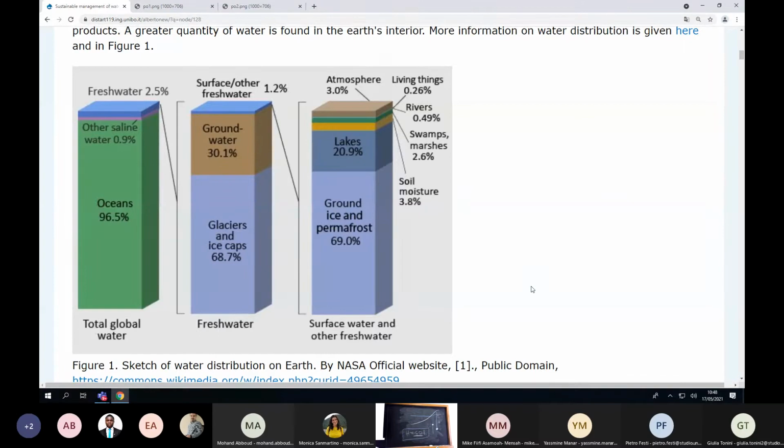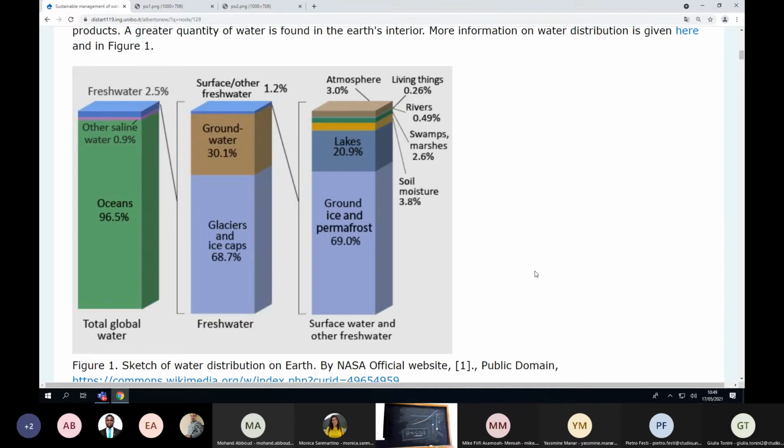I'm focusing on this figure, which gives a snapshot of the water volumes available on the Earth, divided by, for instance, salt water, fresh water, etc. Try to remember the orders of magnitude. So it's important that you remember that about 97% of the total global water is salt water, only 3% is fresh water.